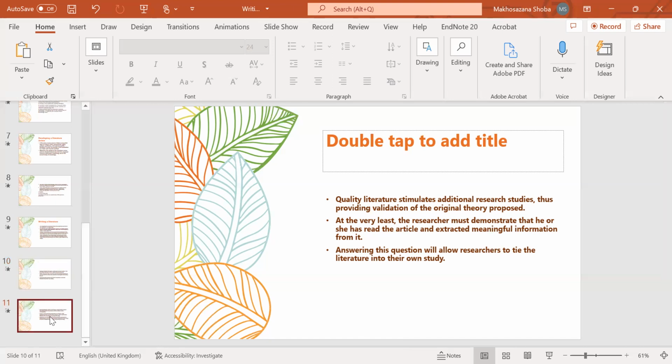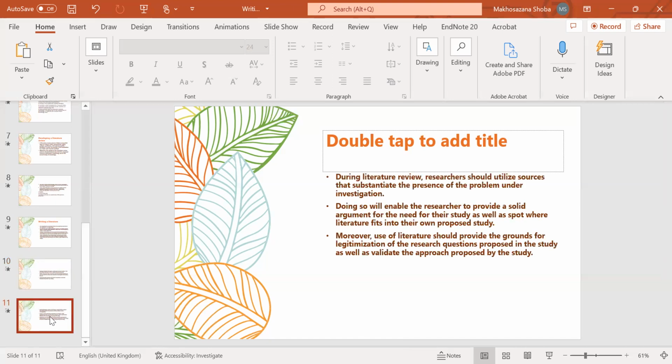During your literature review, you should utilize sources that substantiate the presence of the problem under investigation. This is very important. You are supposed to use resources that expand on the presence of the problem under investigation.